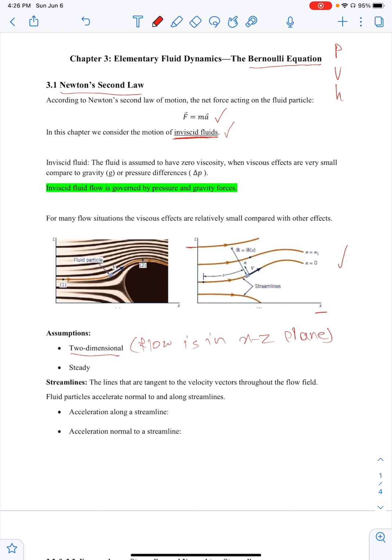And then also we're going to say that the flow is steady, which means that there is no change in properties over time.